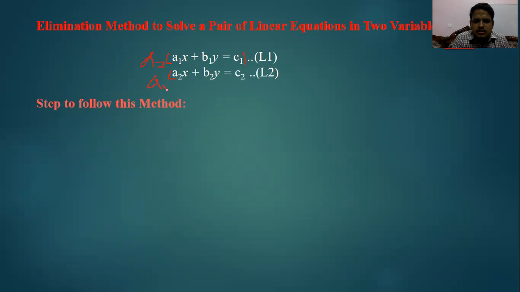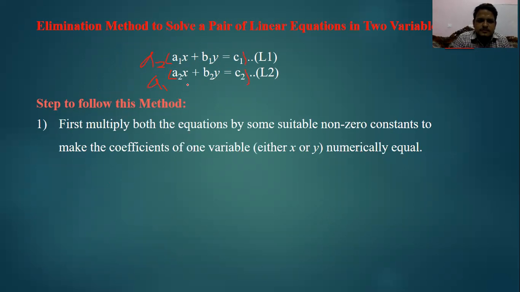Then you can see that the coefficient of x will become the same, a2 into a1 and a1 into a2. So both are the same number, so the coefficient of x will become equal. So that is the first step.